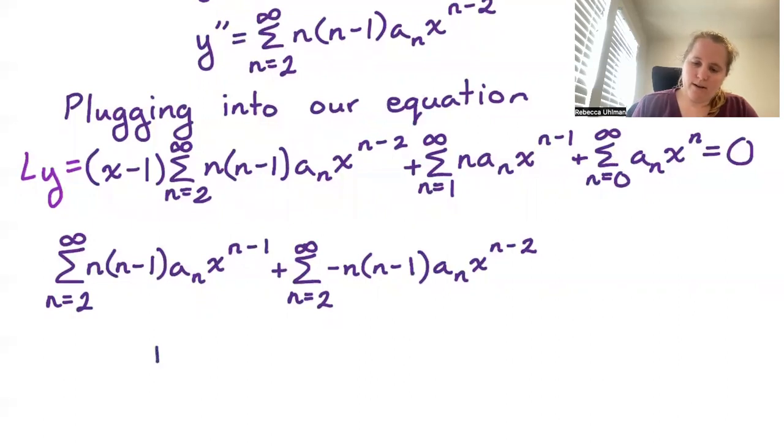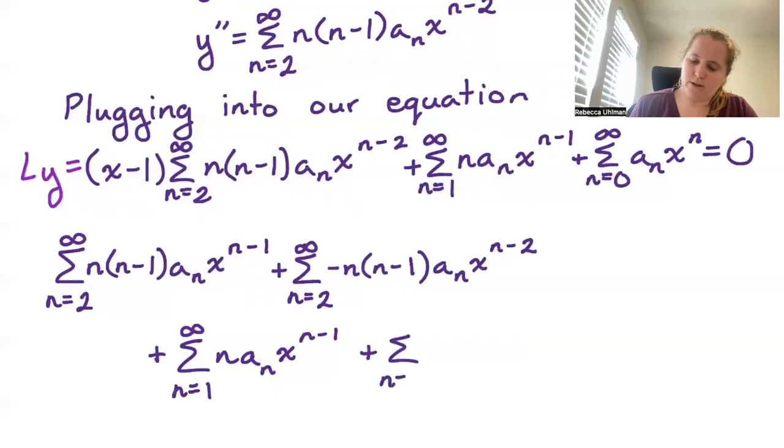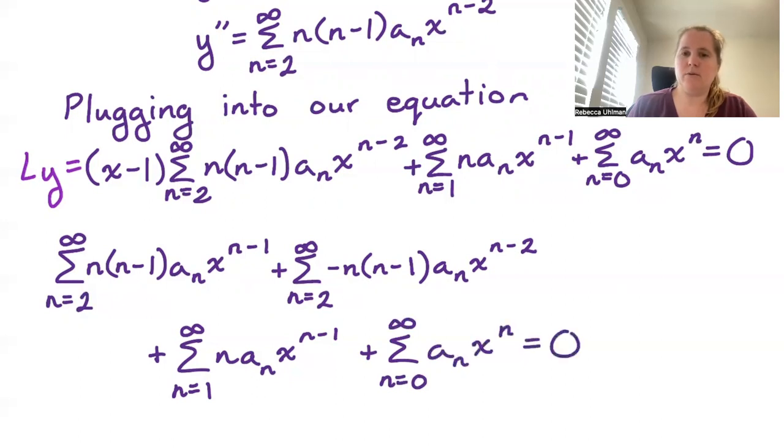Then we have plus the sum from n equals 1 to infinity of n a sub n x to the n minus 1, and then plus the sum from n equals 0 to infinity of a sub n x to the n, and this should all equal 0.